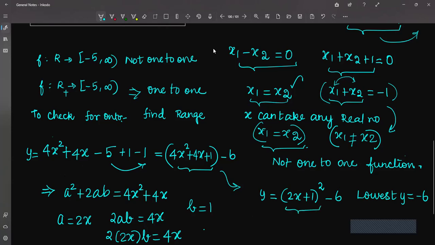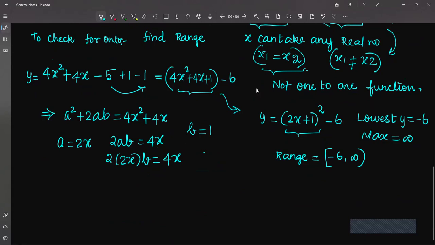As long as this is a square number, it can be a largely squared number, which means it can go up to any value close to infinity. So what is the range? The range will be [-6, infinity).